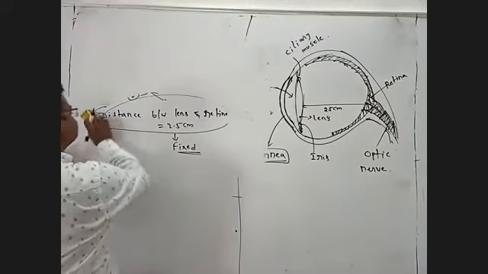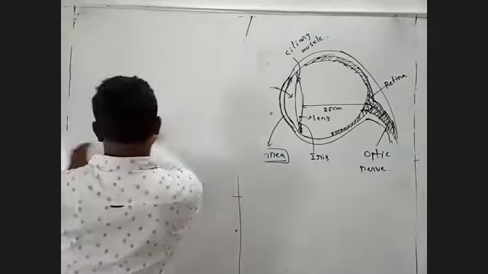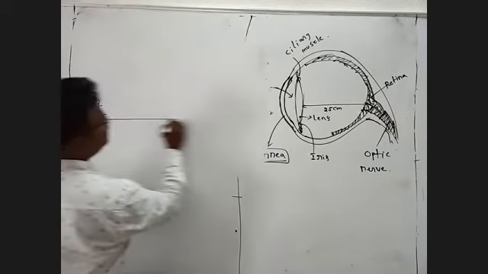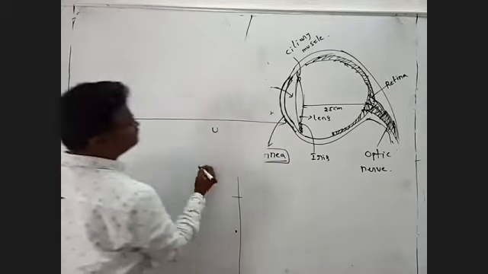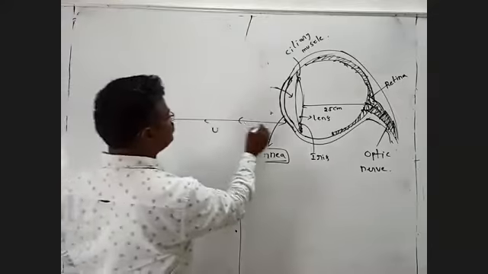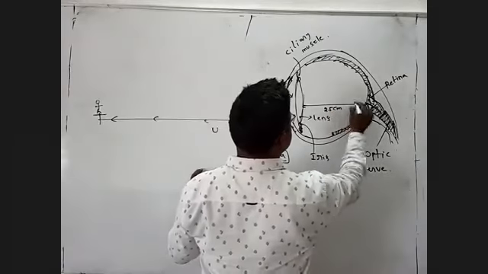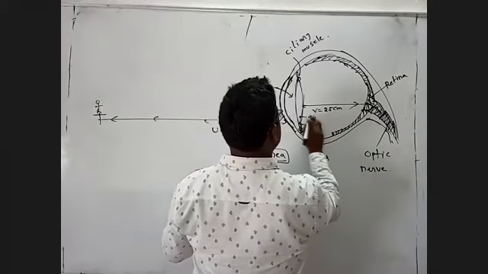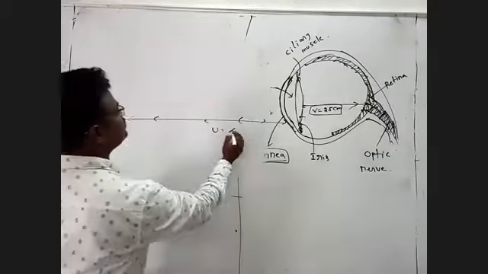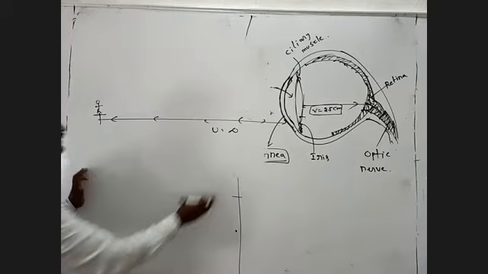For example, this is the object. From here to here is U, the object distance. This is the image distance, V. V is equal to 2.5 centimeters.